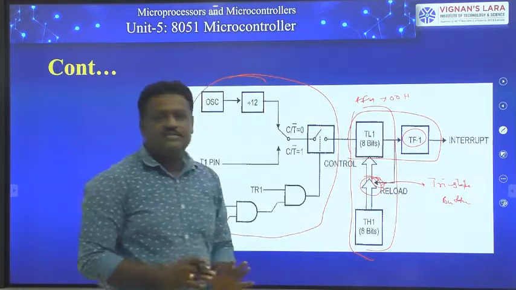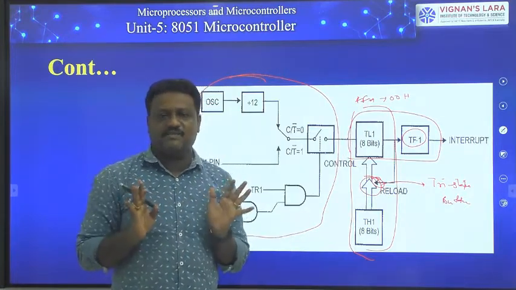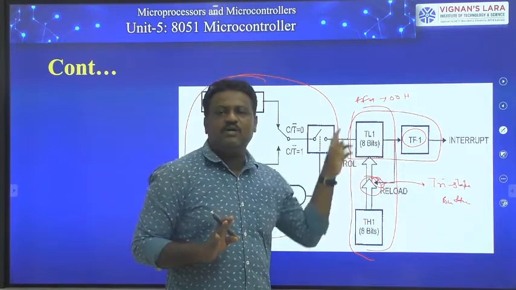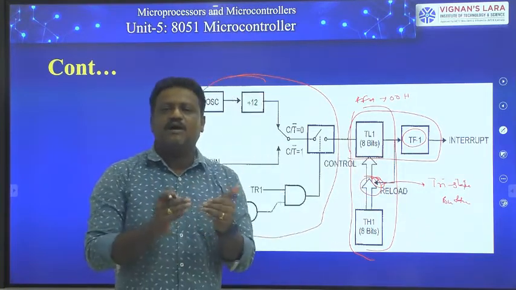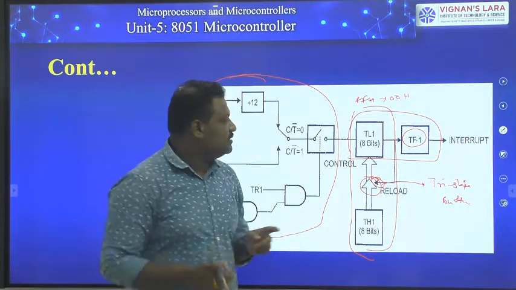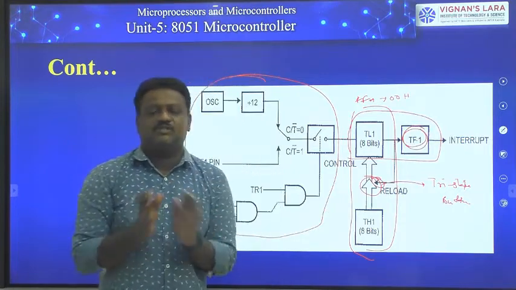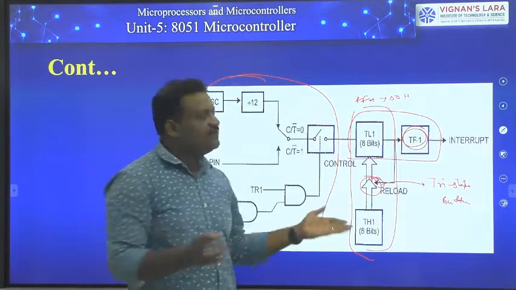By using this, the maximum number of clock pulses I can count is 256, because here only the timer lower byte participates in counting of clock pulses. One more point here is that TF1 is active for every 256 clock pulses maximum. That means your initial value is 0.